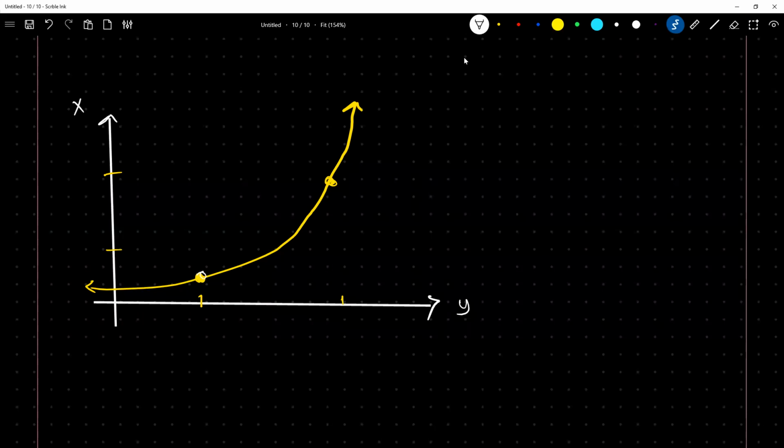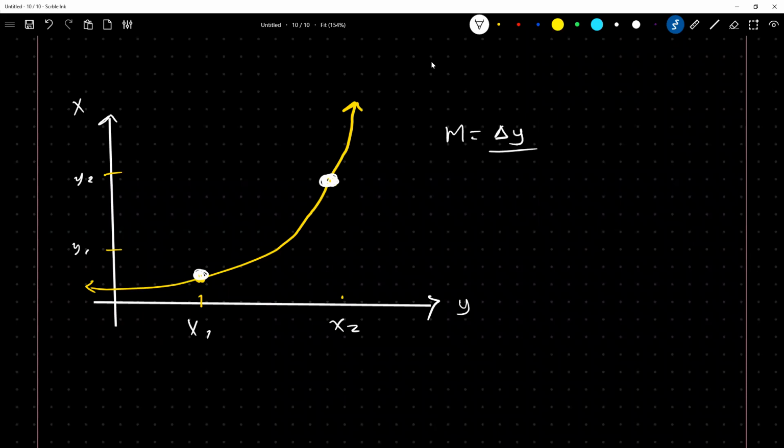So let's say I'm interested in just this point. Well, one thing that we can do with the gradient function is, even though our function is nonlinear, we can still use our gradient formula.